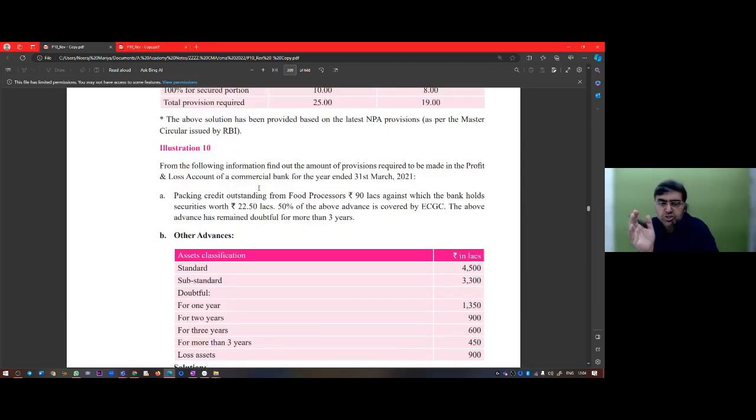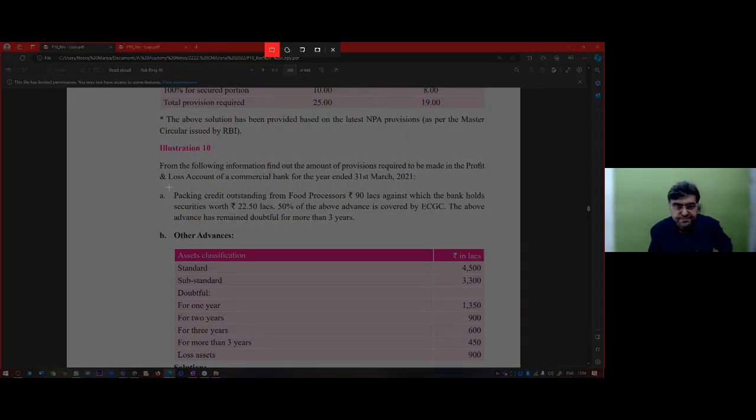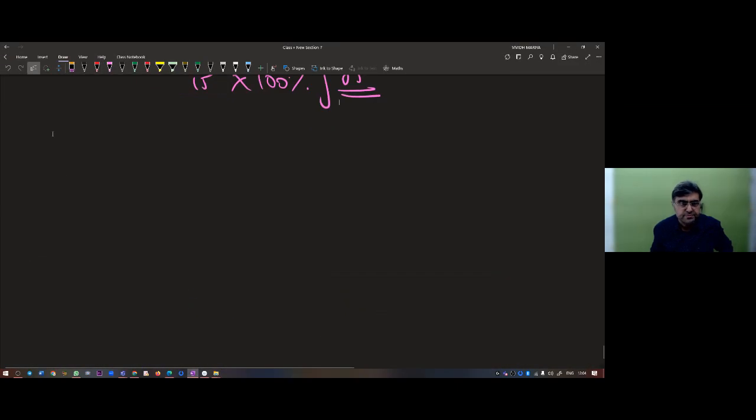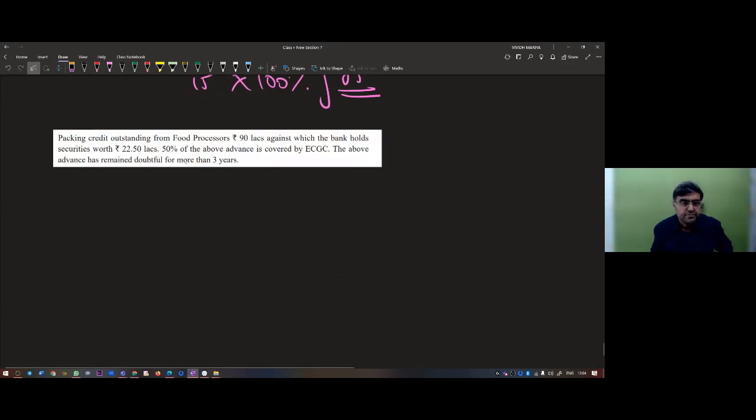Another one question of the same kind. The loan is 90 lakhs. Securities are 22.5. Unsecured are 67.5.